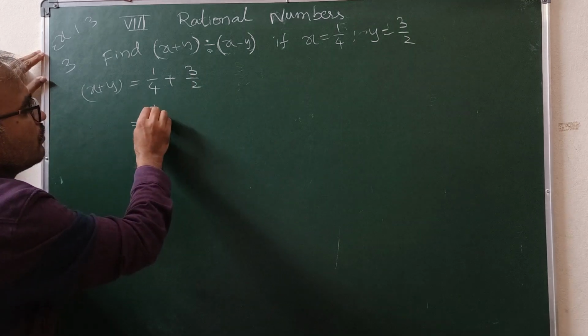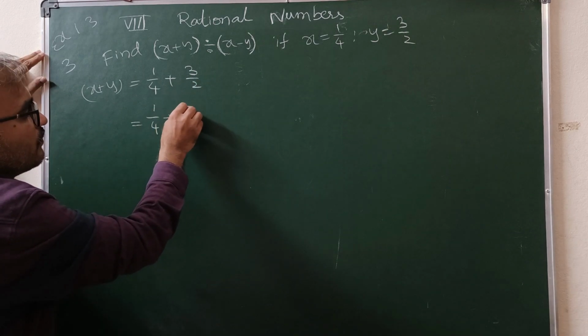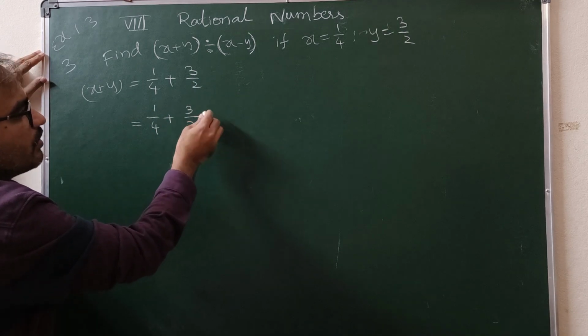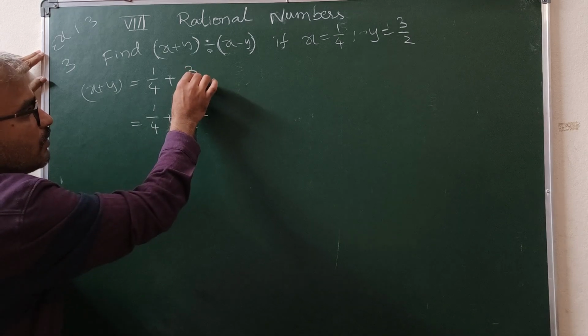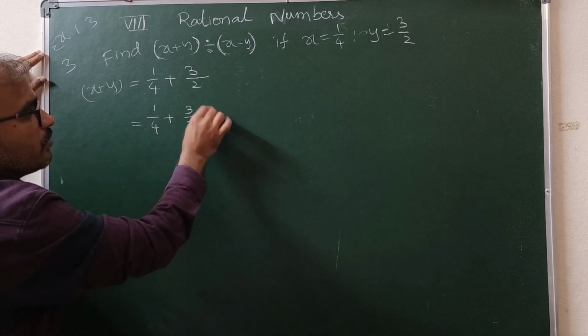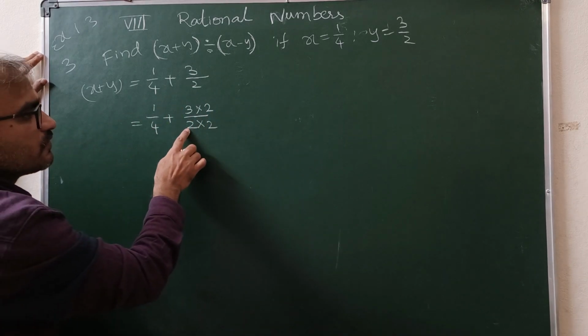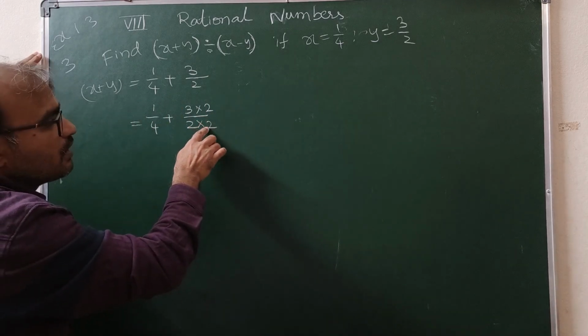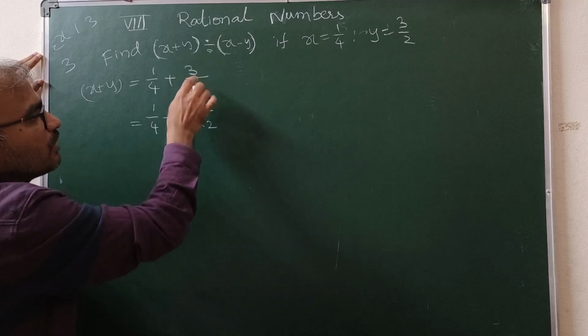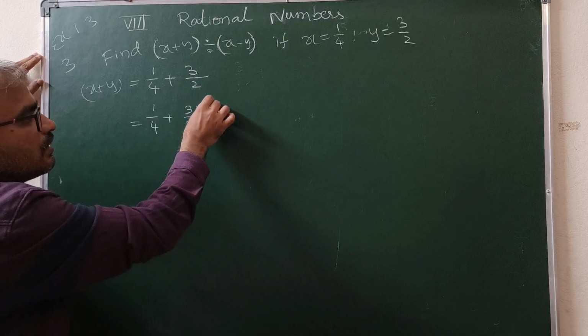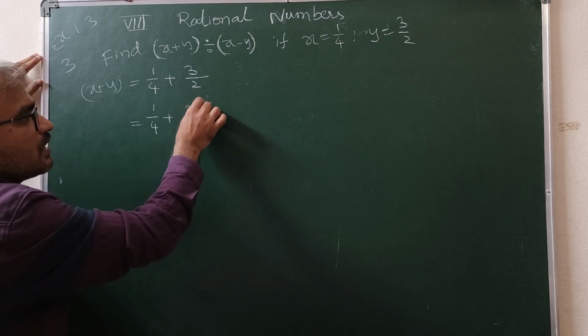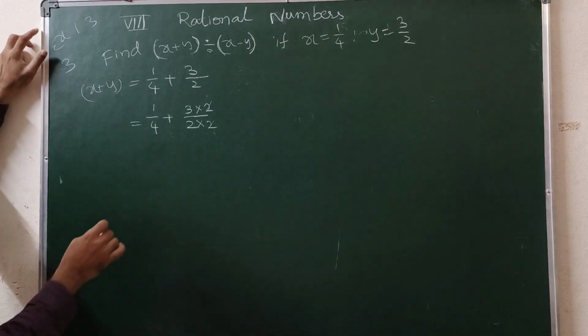So we have to write the equivalent fraction of 3 by 2 with denominator 4. For that I have to multiply the numerator and denominator of the fraction 3 by 2 by 2, then it becomes 4. Whenever you multiply the denominator, you have to multiply the numerator also.